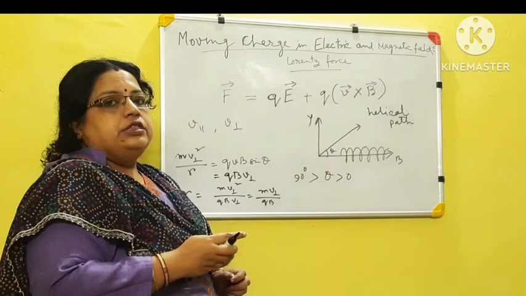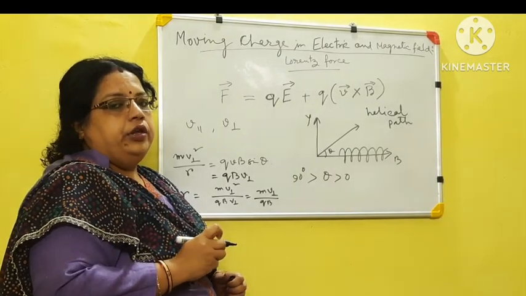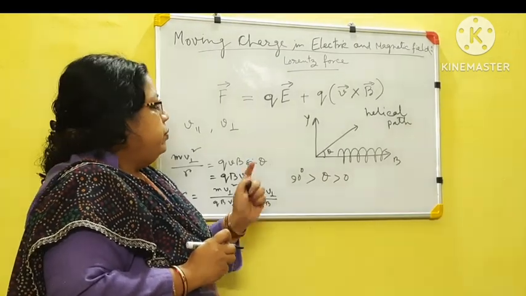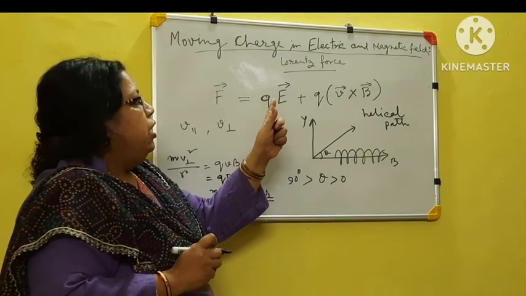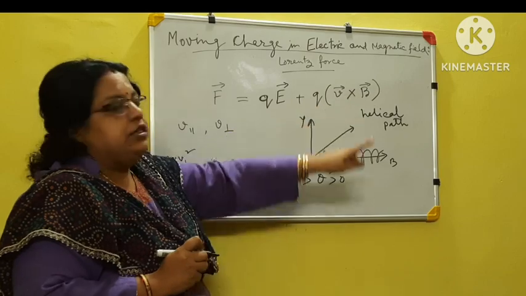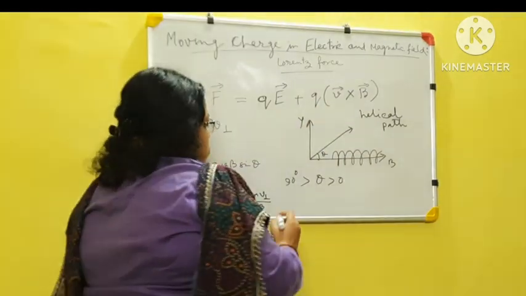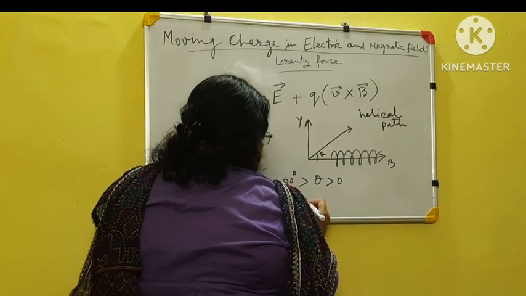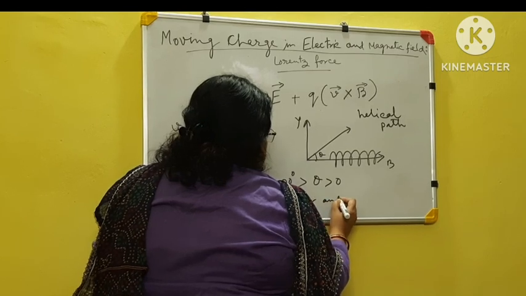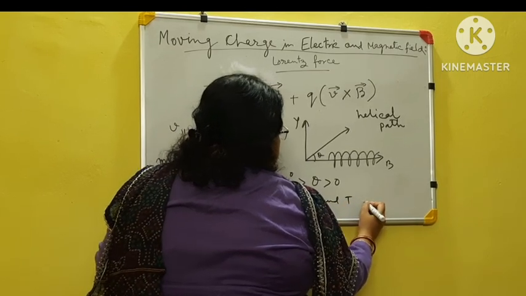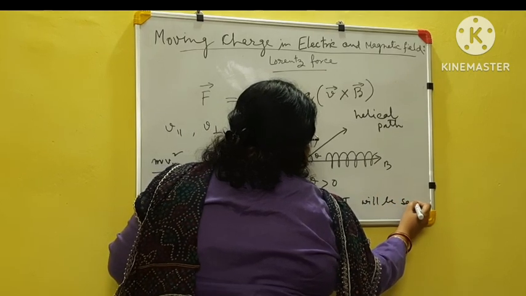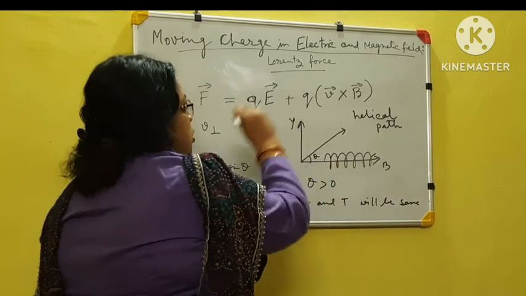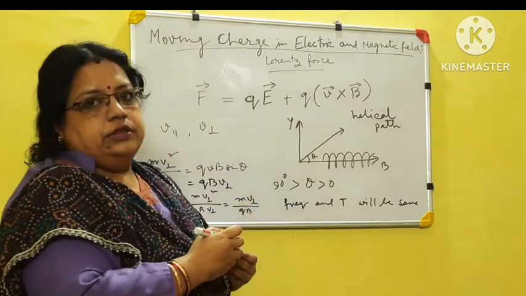So frequency and time period will not be affected by the cross product, that is theta. So frequency and time period will be the same, whether it is a circular path or a helix.